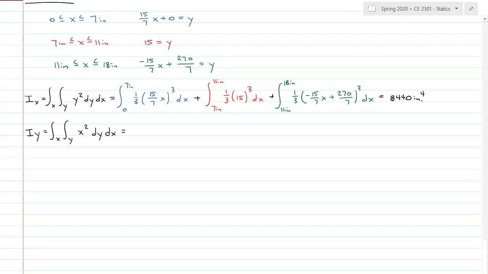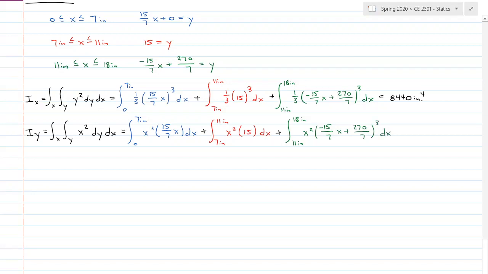So that's going to give us the integral from 0 to 7 inches of x squared times 15 over 7x dx plus the integral of 7 inches to 11 inches of x squared times 15 dx plus the integral of 11 inches to 18 inches of x squared times negative 15 divided by 7x plus 270 over 7 cubed dx.